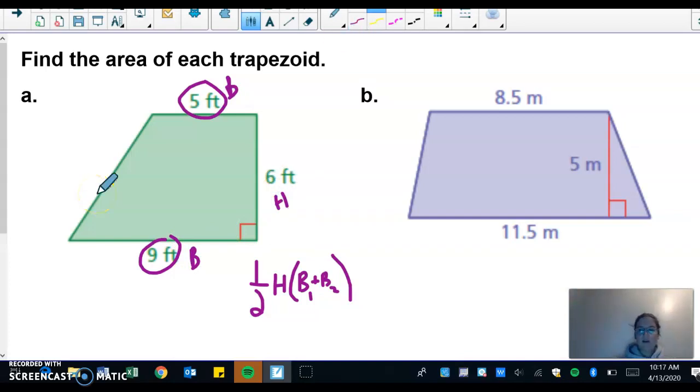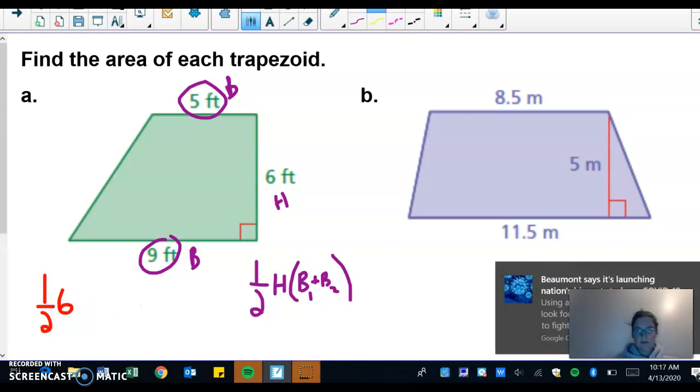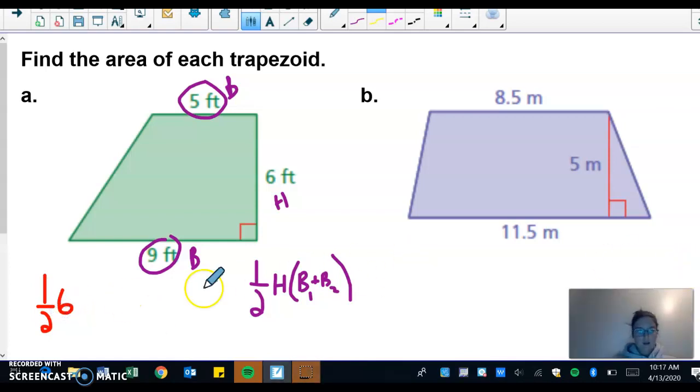So if I want to find the area of a trapezoid, it is 1/2 times the height, which is 6, times 9 plus 5.